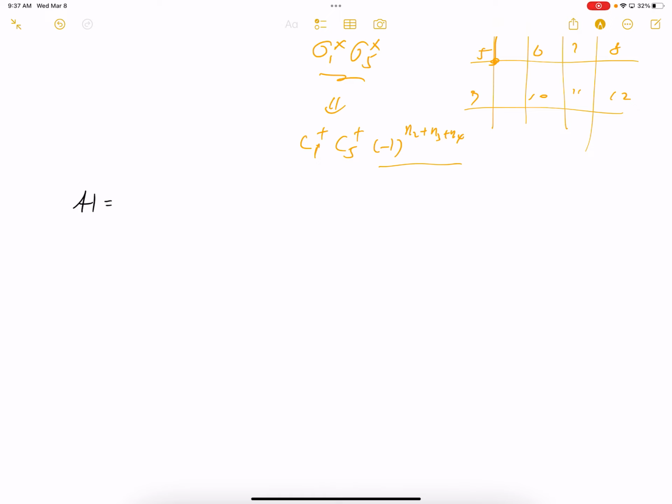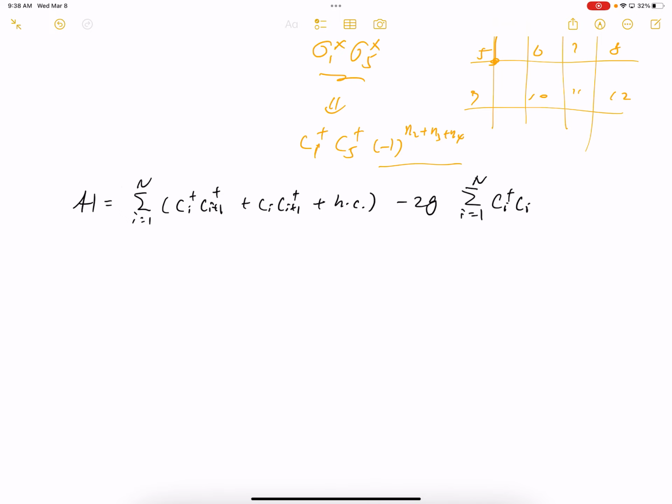So H is the sum over i from 1 to n of C_i dagger C_{i+1} plus Hermitian conjugate, then minus 2g. So there's actually one issue with this effective Hamiltonian. So far everything works, but you have to consider the periodic boundary condition, which I actually haven't emphasized.